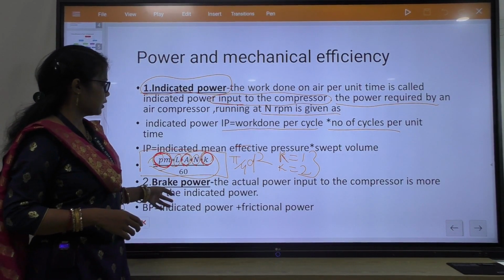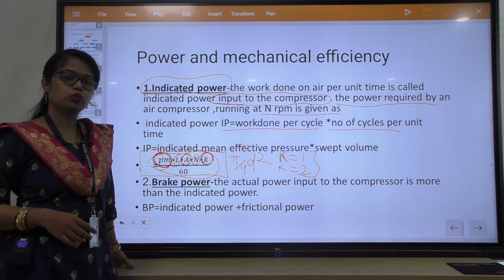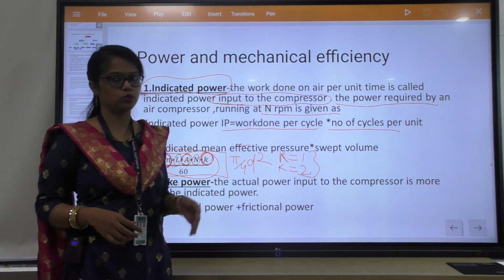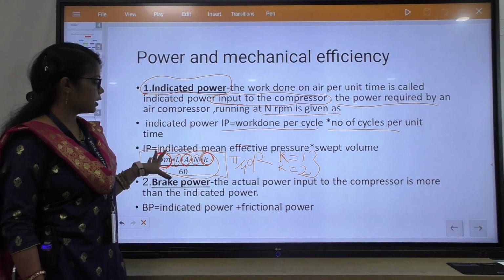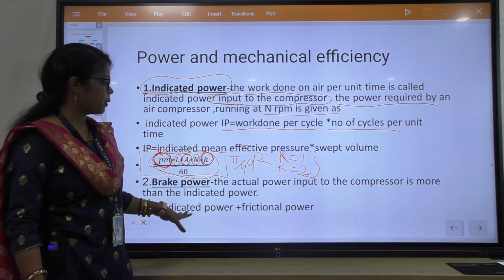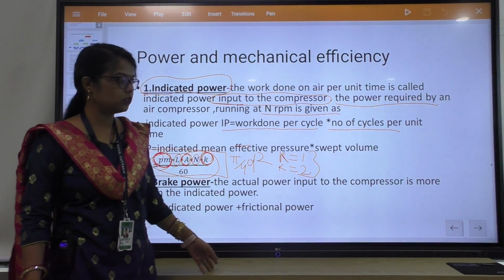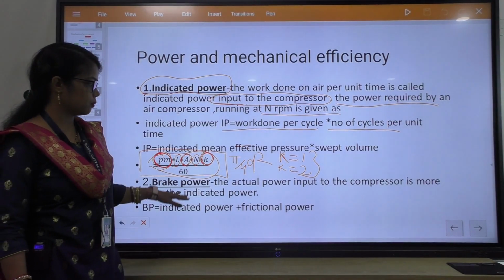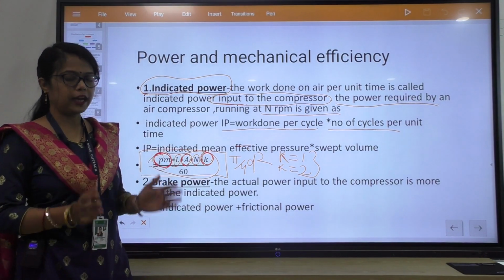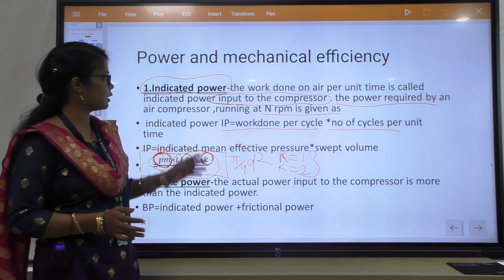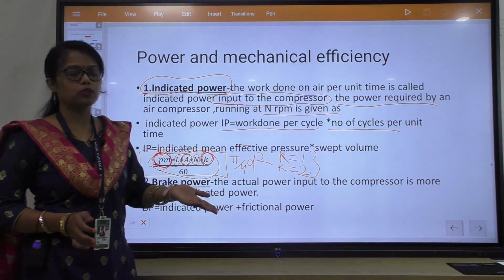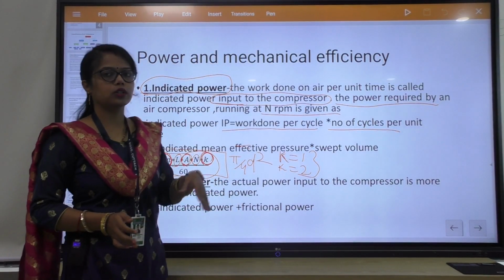Then next is brake power, the actual power input to the compressor. But some part is lost due to friction. I told you in the previous class, some part will definitely be lost due to friction. By subtracting the frictional power from the brake power, the net power which we get is called indicated power, and this power is actually doing the work on the air.